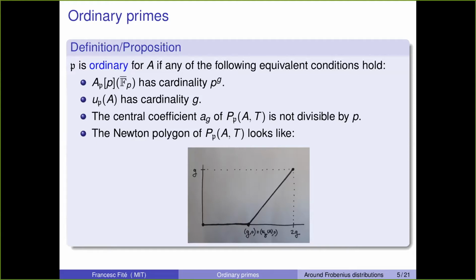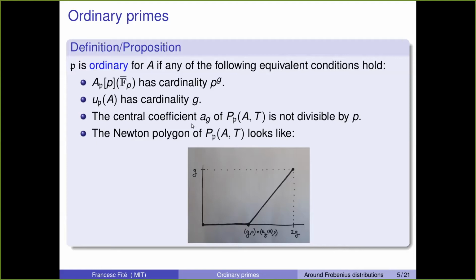And you can see that the last three conditions are equivalent among themselves, by what I've already told you on previous slides. So telling that u_p of A is g, that the set of roots of the characteristic polynomial that have p-valuation 0 has size g, is forcing the Newton polygon to pass through the point g comma 0, and this forces the Newton polygon to coincide with its lower bound in a horizontal way, if you can make sense of what I mean by that.